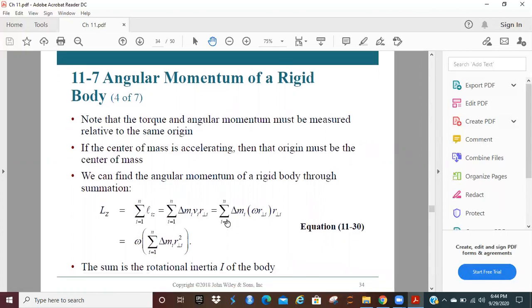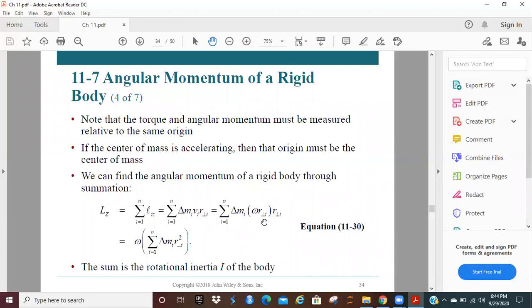We can find the angular momentum of a rigid body through summation, where we're looking at the sum of m v r, with v being perpendicular there.